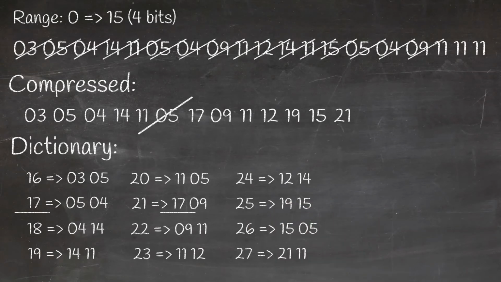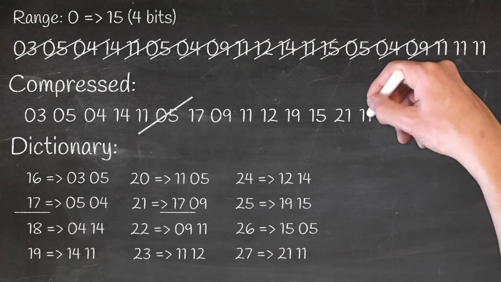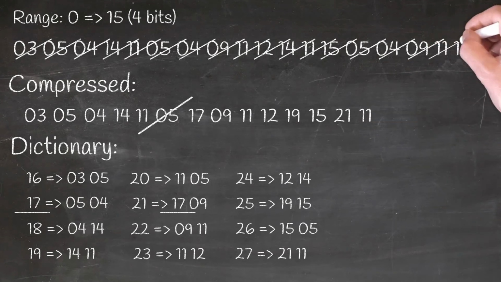Okay, I think we are about to finish. And notice this is really important and really tricky. We have several patterns starting with 11, but none of them are 11, 11. So we'll just insert 11 in the output stream, and every single time we have to insert a dictionary entry.